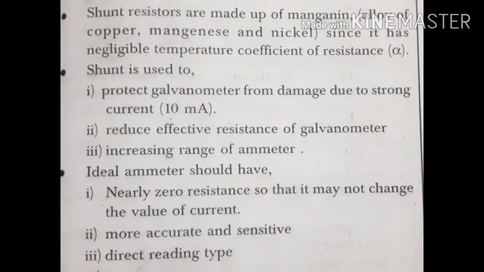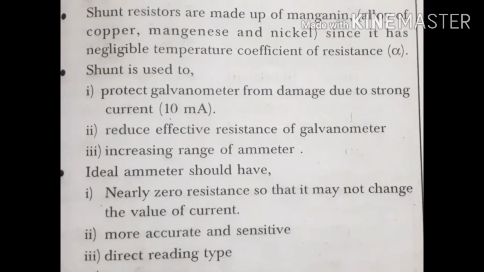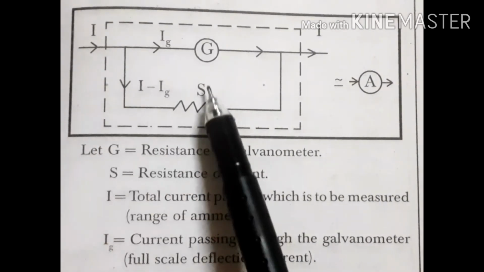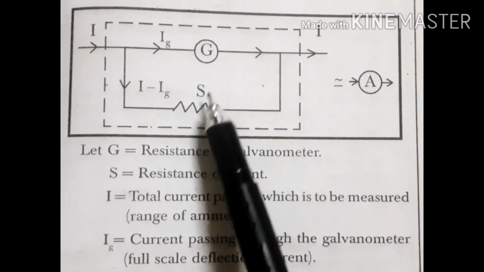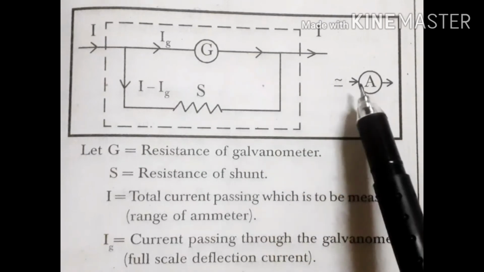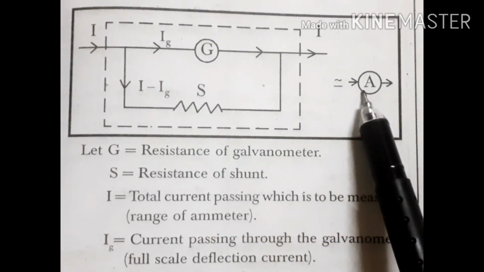Now our aim is to see some points related to the conversion of a galvanometer into an ammeter. From this diagram it is clear that by connecting a shunt resistance across the given galvanometer, this galvanometer gets converted into an ammeter.